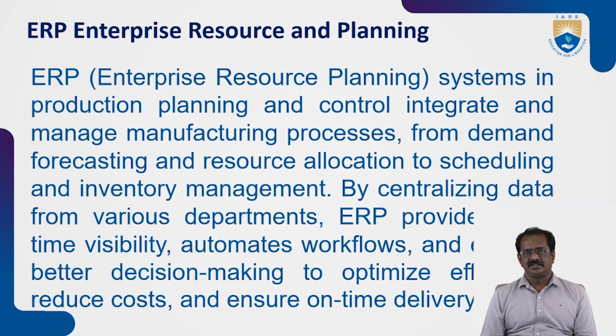And the next one is enterprise resource planning. Enterprise resource planning is a control that aggregates the management process, from demand forecasting and resource allocation to scheduling and inventory management. So all put together, the MRP, the production plan, quality control, delivery and inventory management, stands as an ERP, enterprise resource planning.